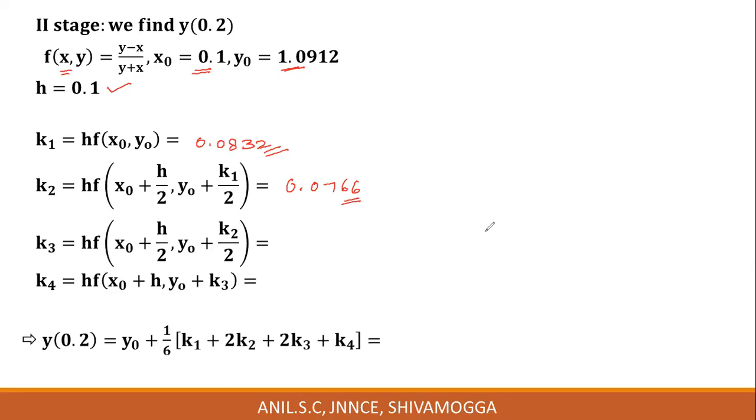That's right. It's actually 0.07655, and this 55 can be approximated to 6. 0.0766.